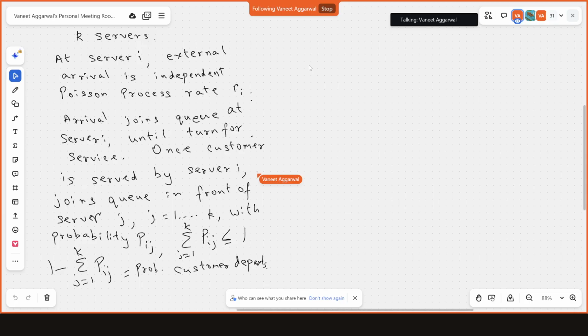In closed systems, as I mentioned, there are no external arrivals or departures. Those are mainly used in some chemical processes. Since I do not know much more applications of closed systems, and for open systems we can easily imagine the applications, that's why in this course we just focused on open systems. Open systems are easy to understand because you go to one server and then you can go to other shops with certain probability.